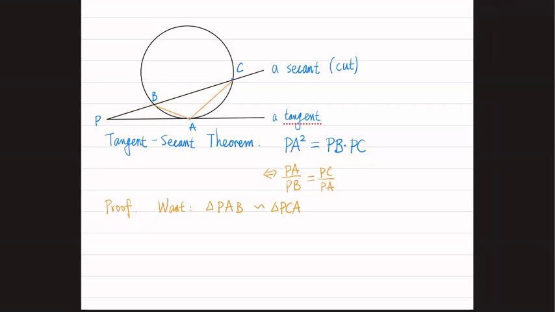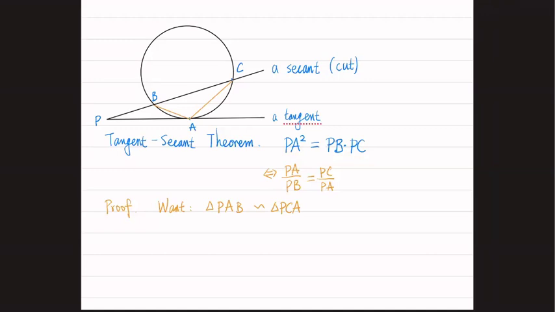Jessica, why are these two triangles similar? What theorem do you apply? The tangent-chord theorem. Okay, we will need that. Okay, so we will need that theorem.